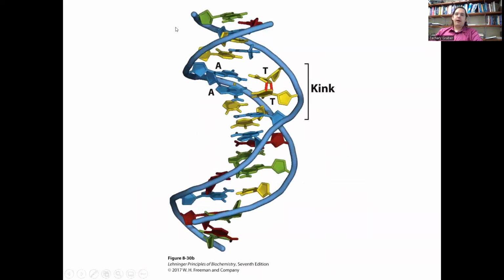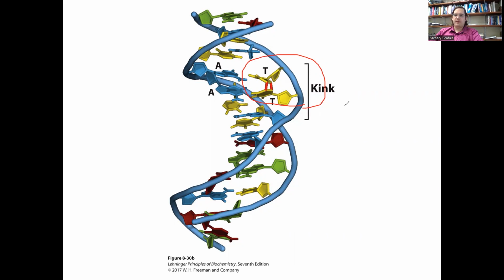Now, of course, that bond doesn't immediately change our base pairing since we're not actually changing those hydrogen bond donors or acceptors. But what it does is it changes our overall 3D structure. So those two thymines are now forced together, and that will affect our overall DNA 3D structure.